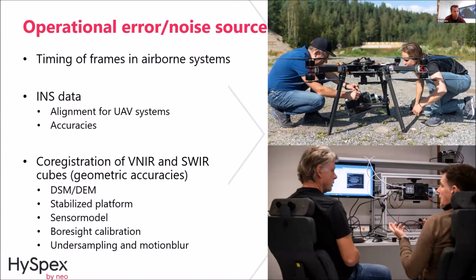The other is that your INS data is not good. For airborne data, when Agnar goes out flying, if he hasn't done a lot of turns before he goes to the campaign area, he flies an 8. This is to align the INS. That gets the INS fast into a very good alignment status and very good performance.